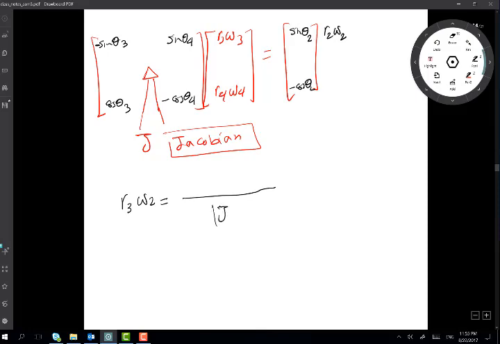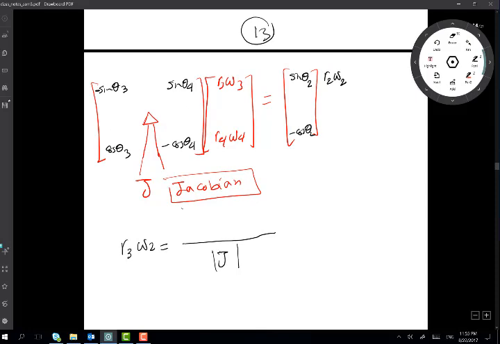At the top, I need to calculate the determinant of another Jacobian. Omega 3 is multiplied by the first column, so I replace it by the column on the right hand side.